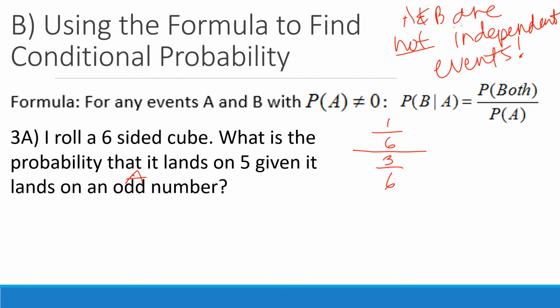Now think back to complex fractions. Remember, if it looks like this, we can change it into a division problem, and then we can multiply by the reciprocal.